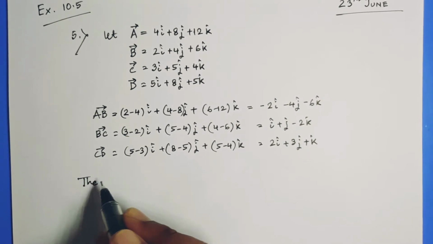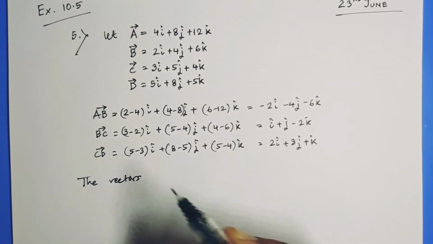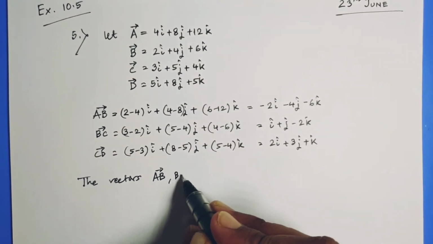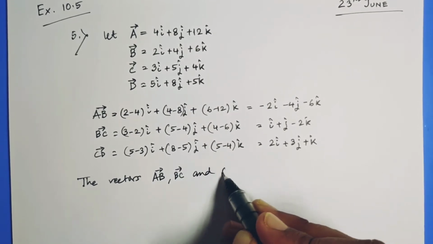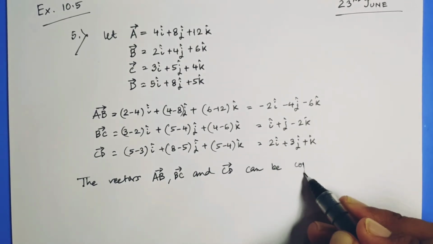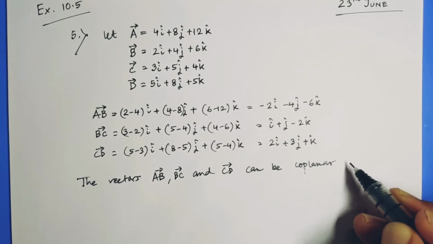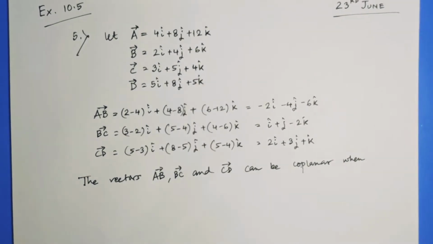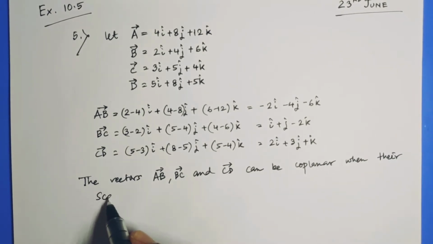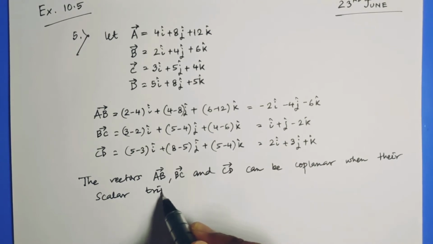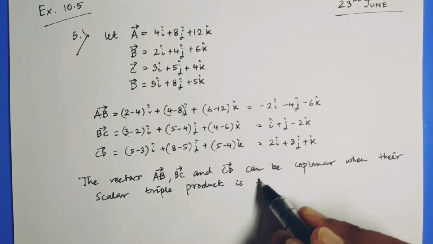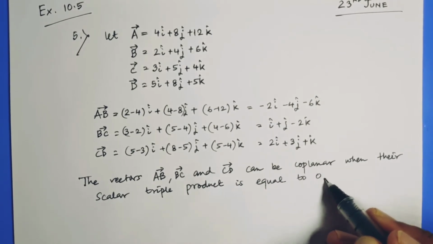So the vectors AB, BC and CD can be coplanar when their scalar triple product is equal to 0, right?